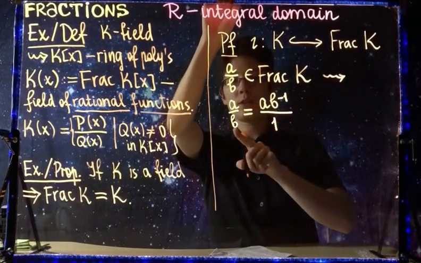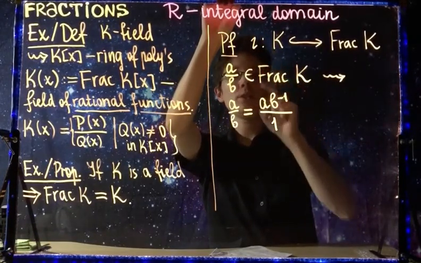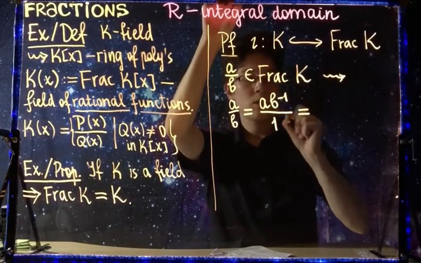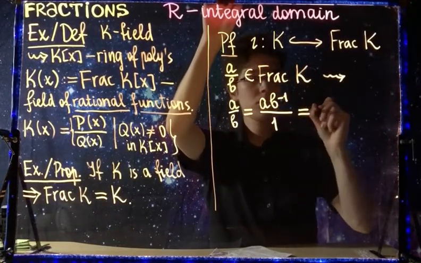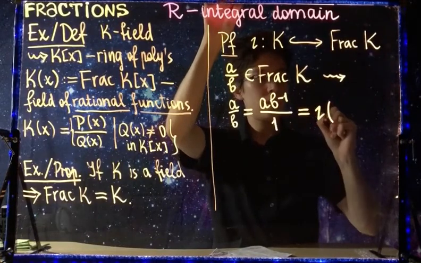And we know that every non-zero element in a field is invertible. So A over B lies in the image of iota.